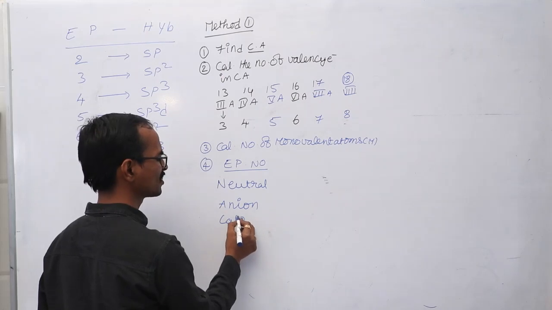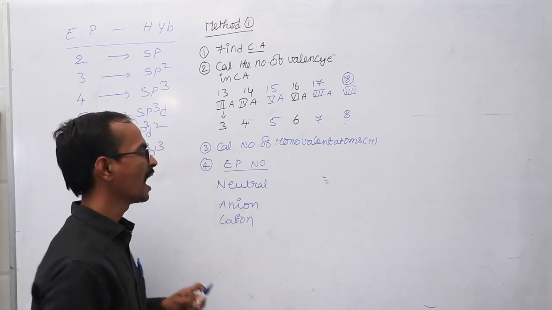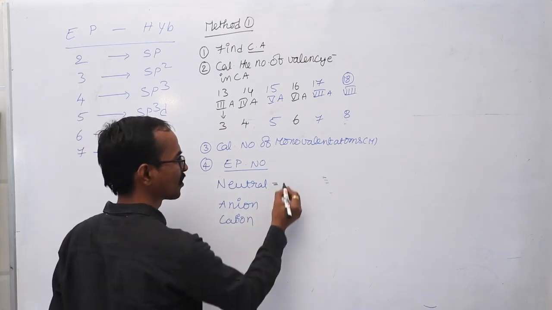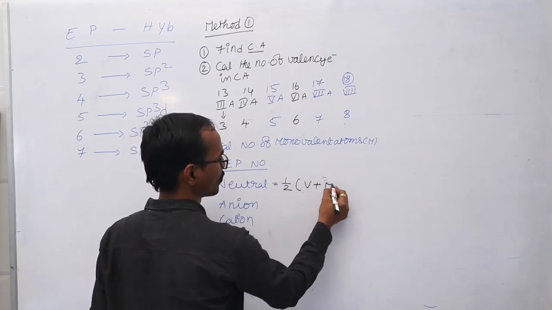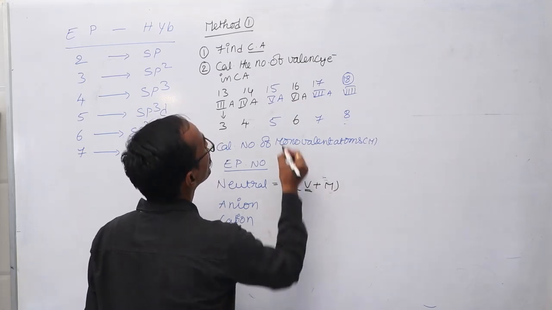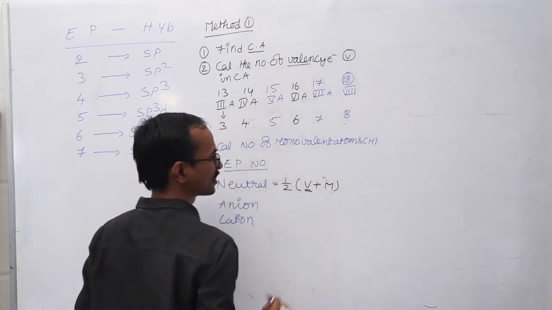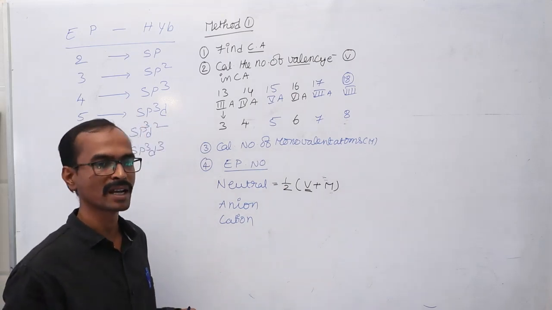Almost all are similar, differing only in the magnitude of the charge. The electron pair number for a neutral atom is calculated by the formula half into V plus M. What is V here? The number of valency electrons. What is M here? The number of monovalent atoms.